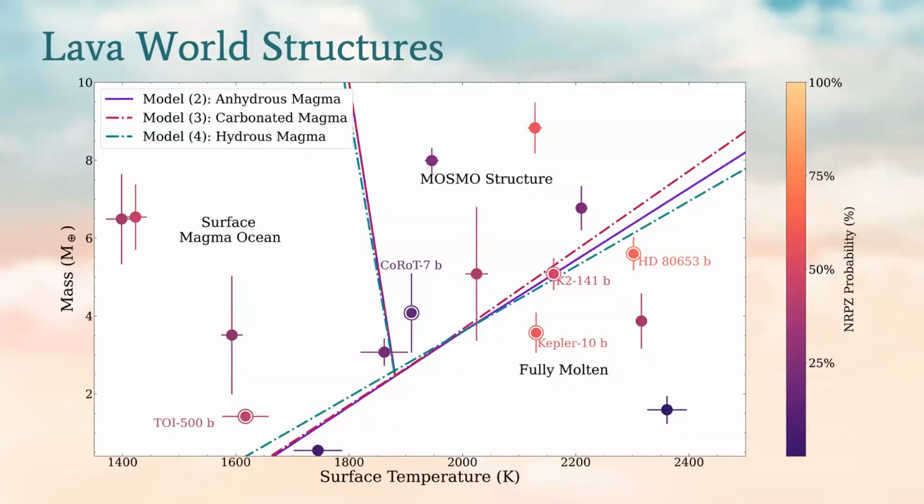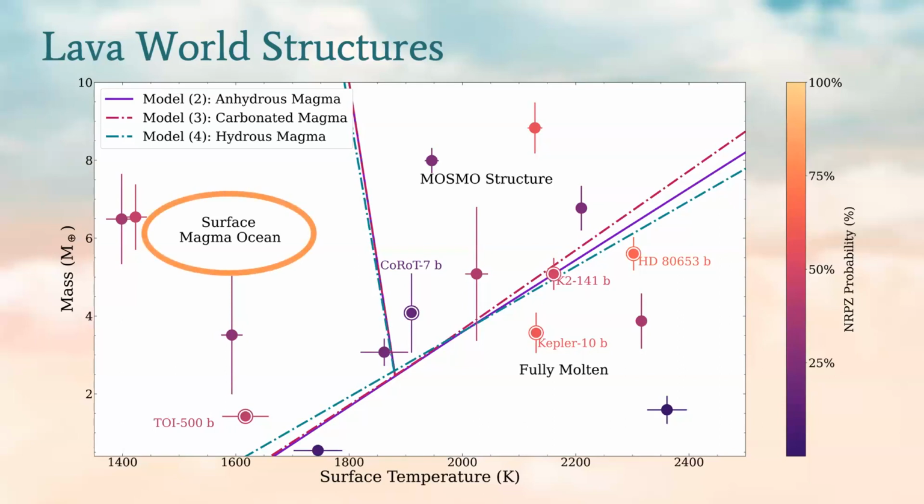And looking at this phase diagram, I say in quotation marks, we have mass on the y-axis, and on the x-axis you're looking at temperature. And you'll see that depending on the temperature and mass of the planet, you end up getting different spaces that these structures can exist in.